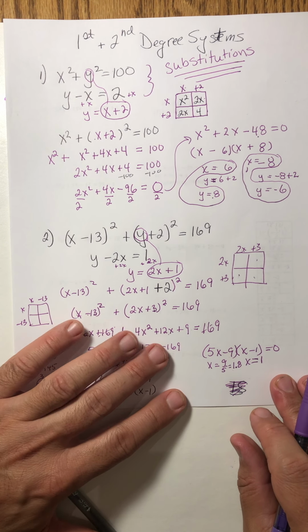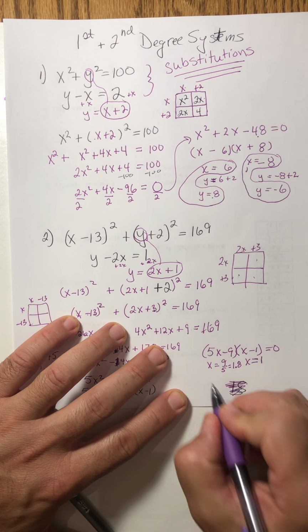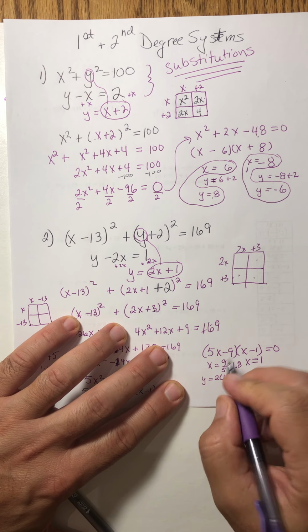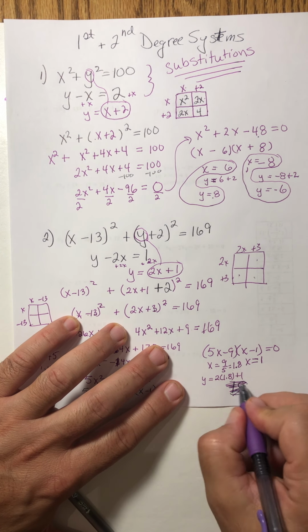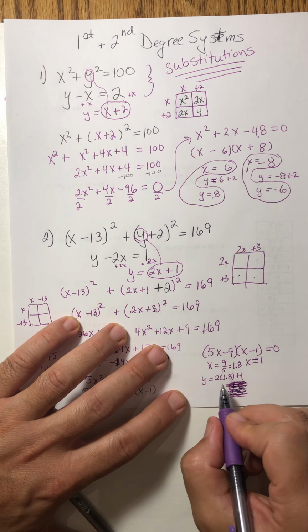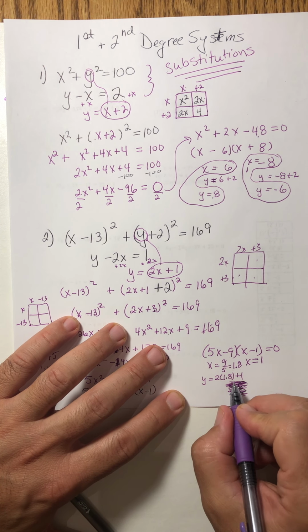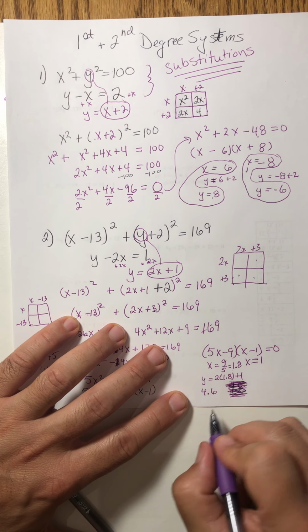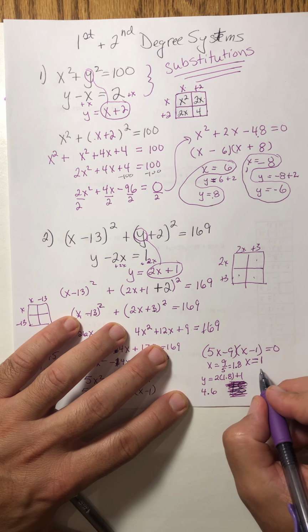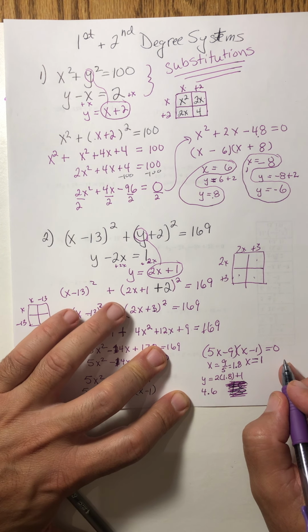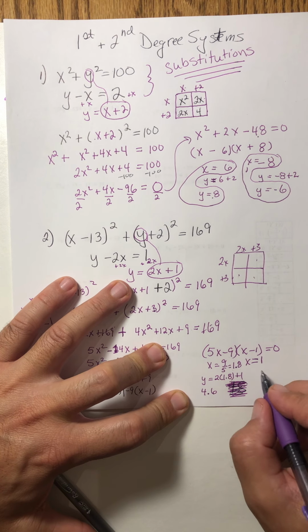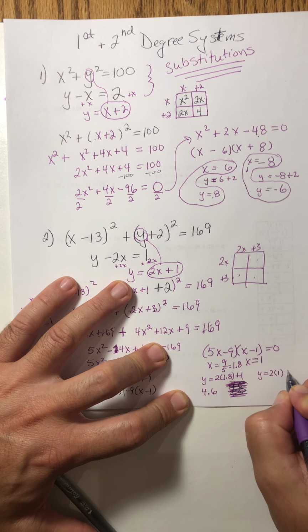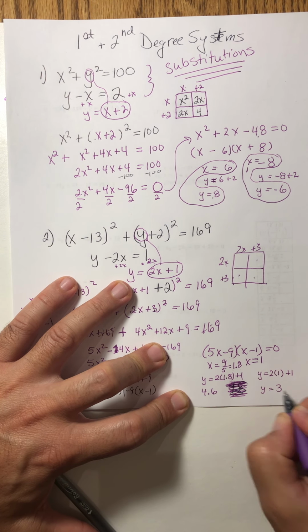All right, so I'm going to start plugging in to find my y. So y equals 2 times 1.8 plus 1. So we have 4.6 when it's all said and done. Right? And then here I'm going to do y equals 2 times 1 plus 1, so this gives us y equals 3.